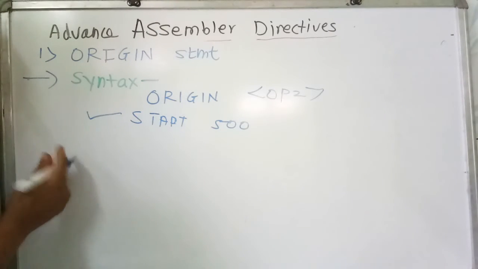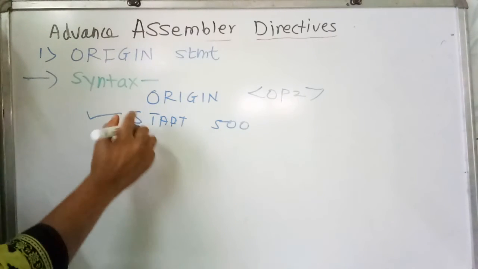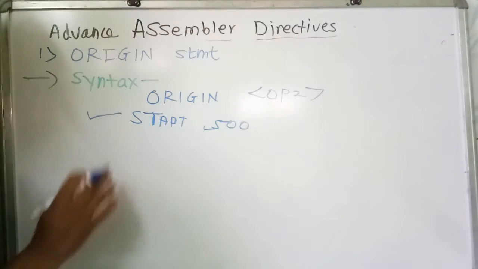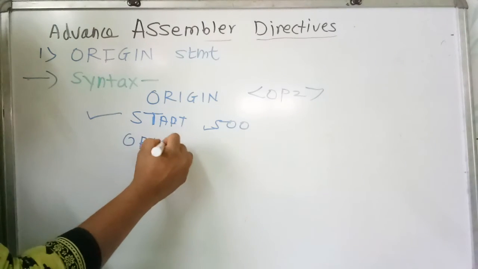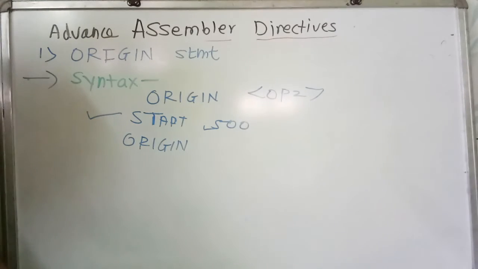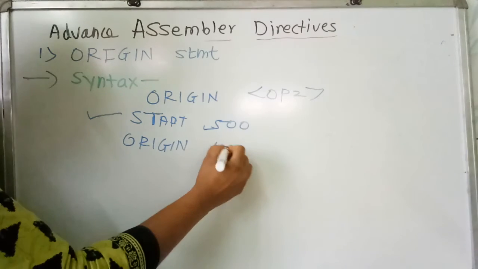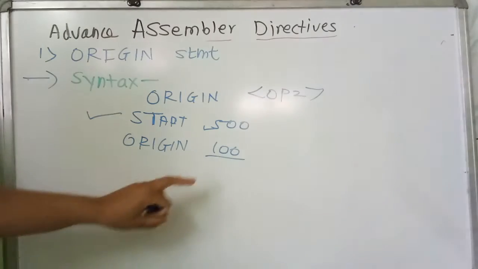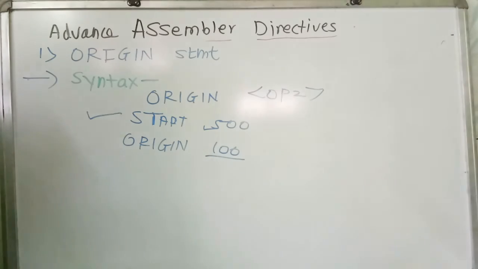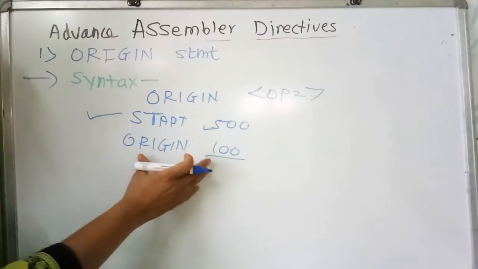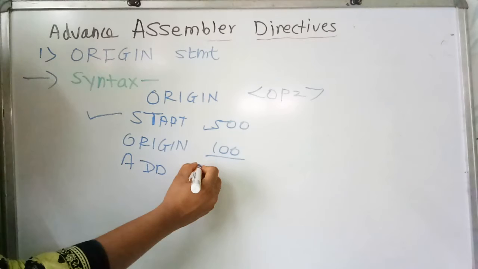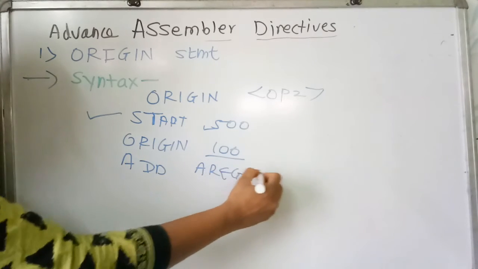This gives us the idea about from where you have to start storing the memory locations, and from origin you get the idea about from where you have to start your next instructions, not the actual storing location. For example, you write origin 100 and list the instructions like add a register and Z.